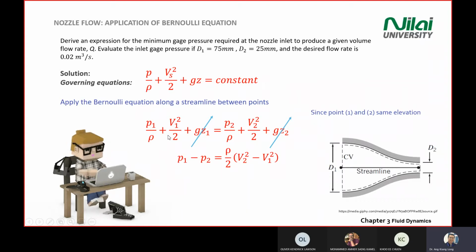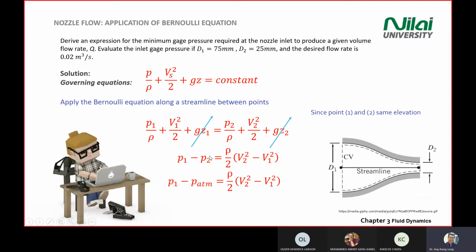Because the rho is the same for both points. For Bernoulli equation, the density will always be the same because it is an incompressible scenario. Of course, you can write rho sub 1 here, rho sub 2 here, but because of the assumption that we have an incompressible flow, your rho is the same.